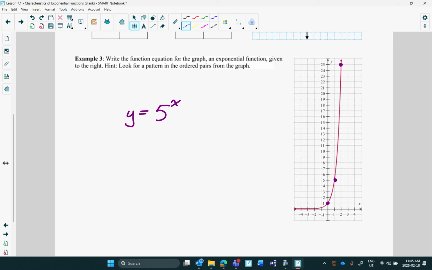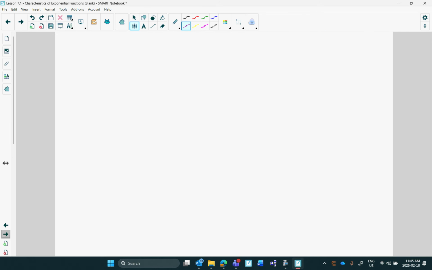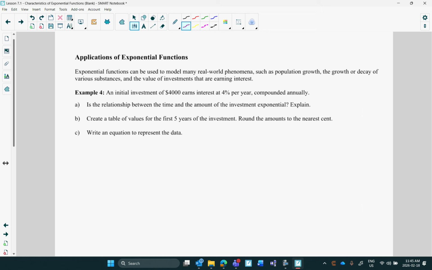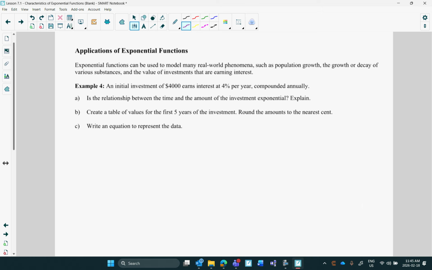Last thing I want to talk about, and a couple of you will know this from essential math, but here's a really good application of exponential functions. Imagine for a graduation gift, you got $1,000 from a family.